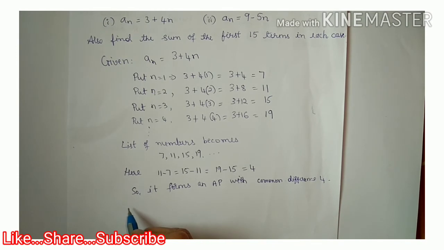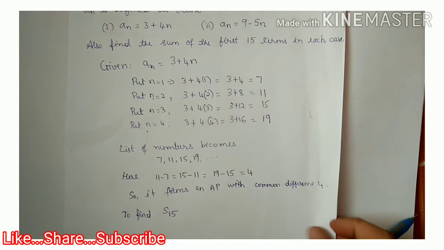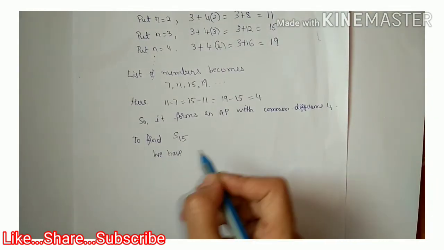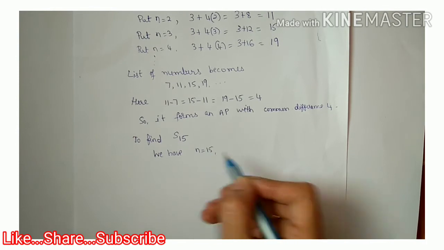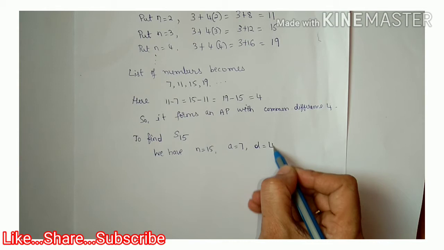Let us find the sum of the first 15 terms. To find S15, we have n is equal to 15, a is equal to 7, d is equal to 4.